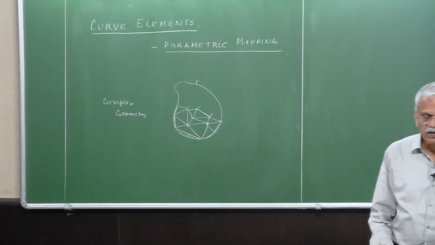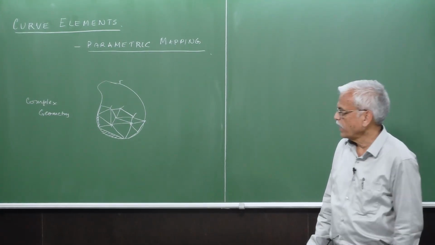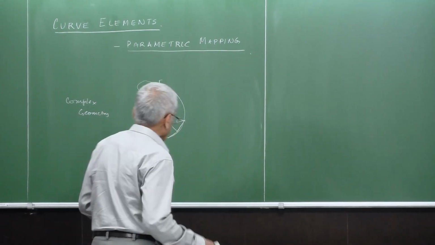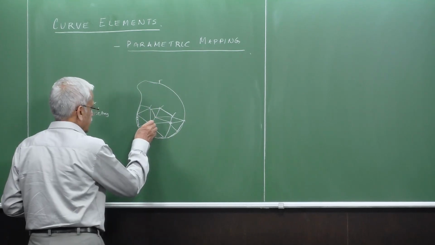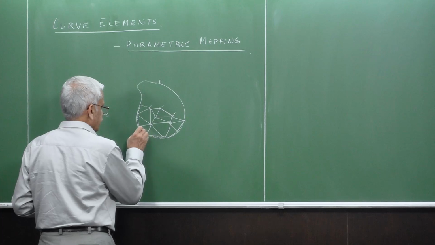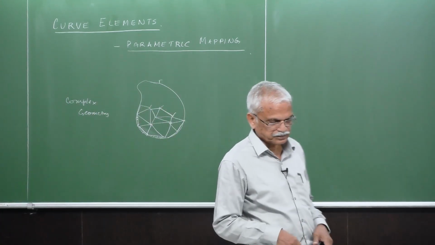If you want to avoid this, either you use a very fine mesh. You can make the elements smaller, cut them still smaller, and make this unrepresented portion smaller and smaller.